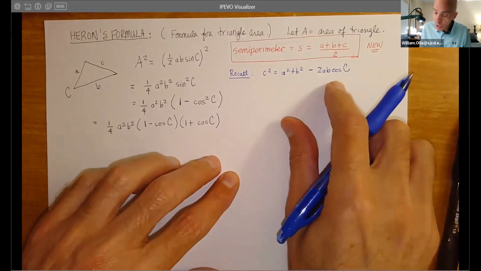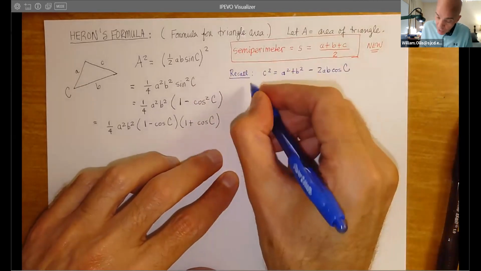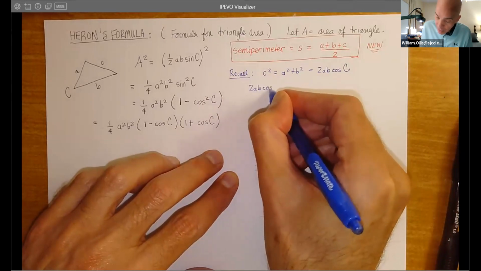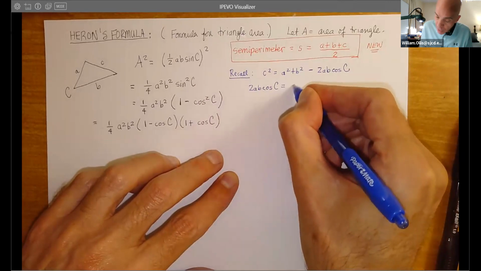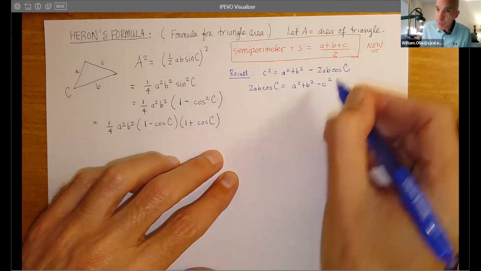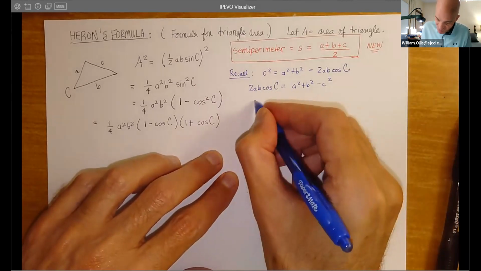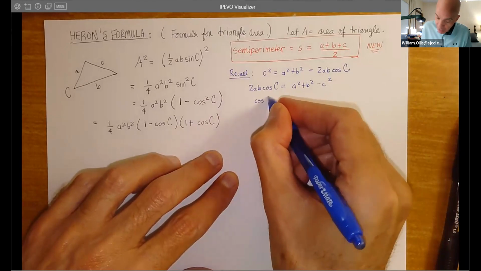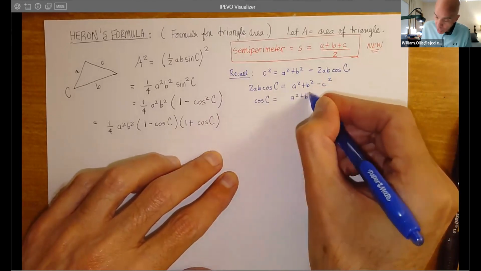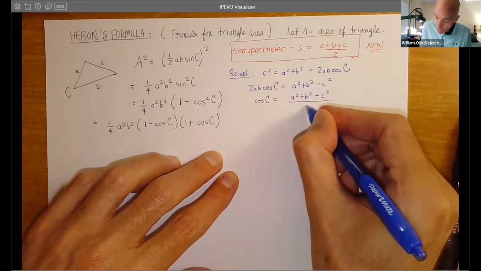So now what I want you to do is take this over here and take the C squared over. So this is going to be 2AB cosine C equals A squared plus B squared minus C squared. That's just simple transposition. And now divide by 2AB: cosine C equals A squared plus B squared minus C squared divided by 2AB.